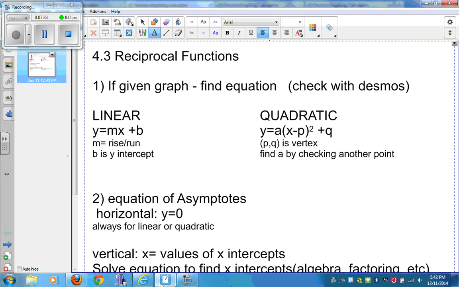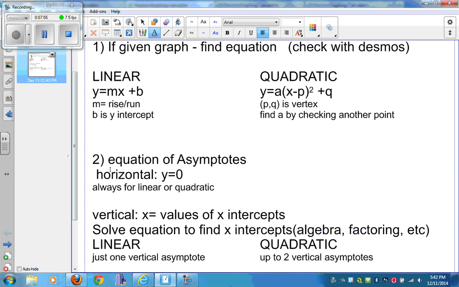Quadratic, we can use a(x minus p) squared plus q, where p and q is the vertex. You can find the value a by subbing in a point and checking. Since we know p and q, we can find another point on the graph and solve for a. Most of the time, a is 1 for the questions I'm going to give you.